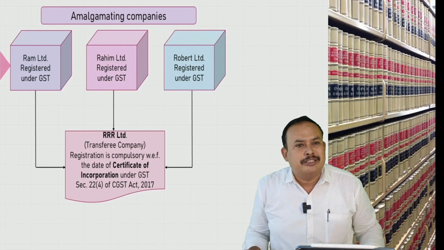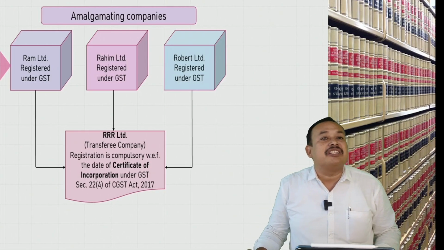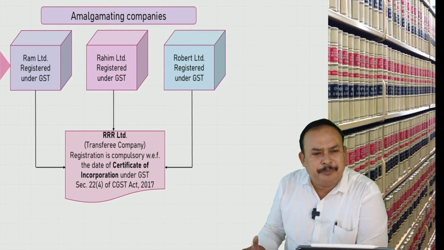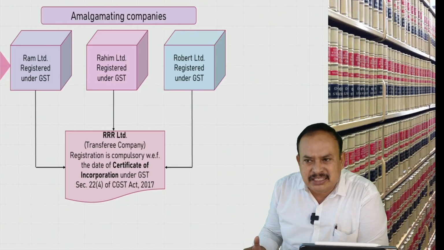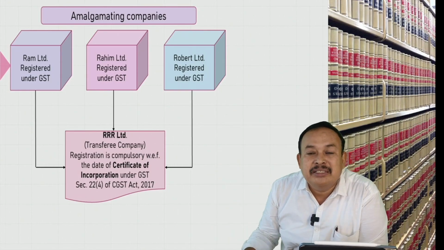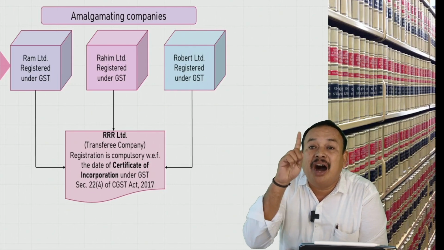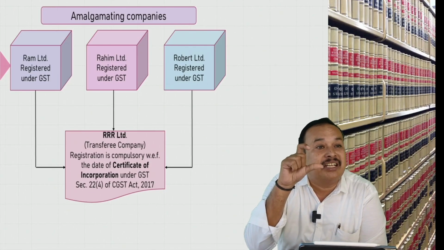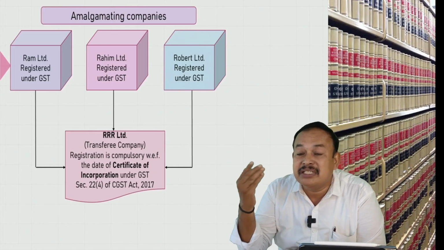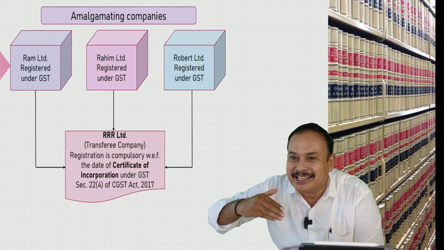Form GST REG 01. Application for registration. Speak out. Form GST REG. Form GST REG 01. REG stands for registration, and 01 refers to the application for registration. Got the clarity?